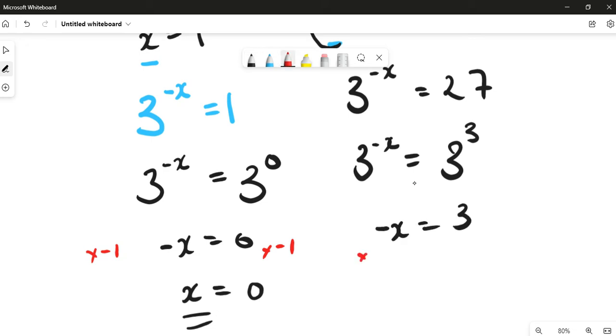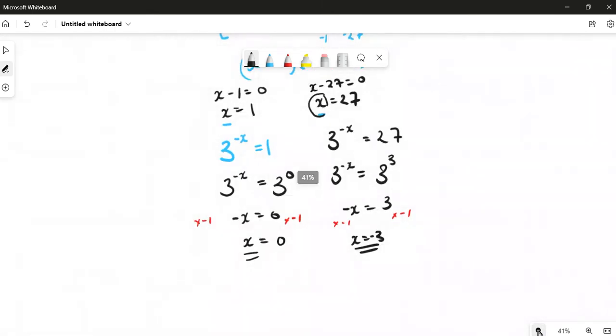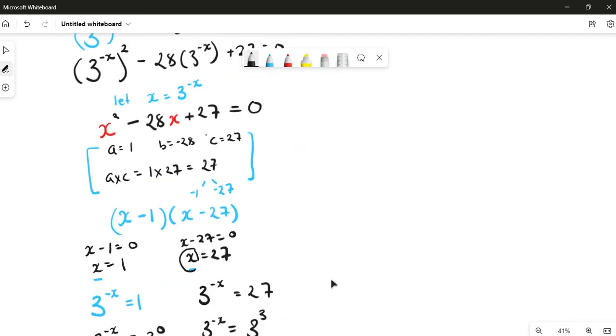Again, we multiply both sides by negative 1, and x equals negative 3. So that's how we solve the equation. All right, let's go to another example.